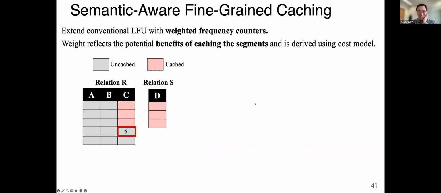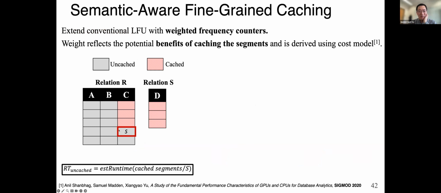To illustrate this idea of the weighted frequency counter, consider this segment S. What if this S is cached, or not cached? If it's uncached, we have a mathematical model to estimate the runtime of the query.